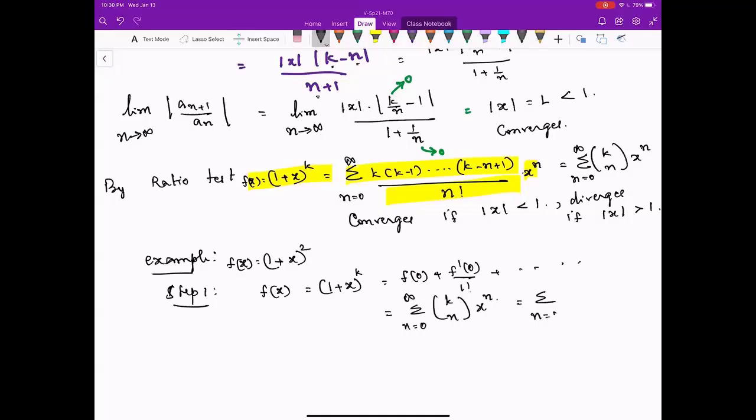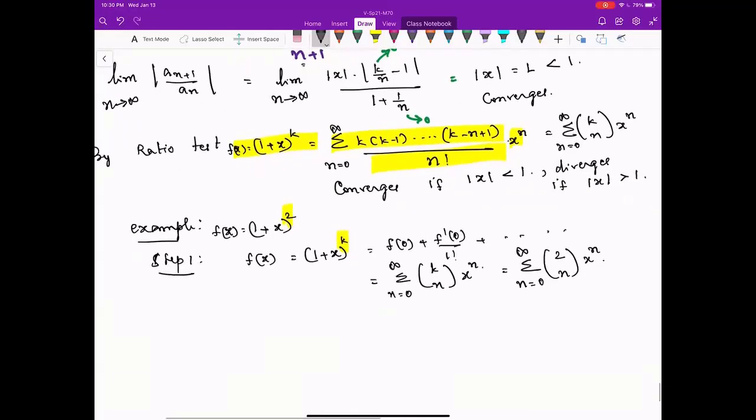So in our problem, n varies from 0 through infinity, and k in this problem is 2. So we write 2 chosen n, x to the power n. So we have to expand this.